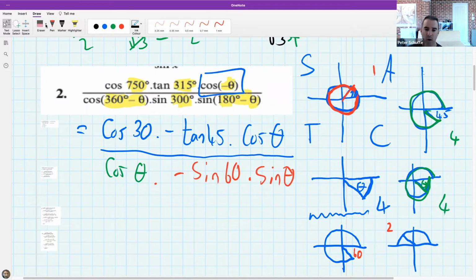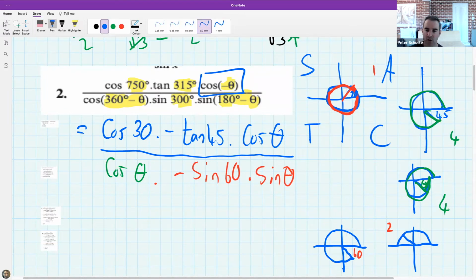Okay. When we think of a negative angle, we just think of it as going in the opposite direction. So if I'm here and I'm going to go negative theta, it's just going to be going in this direction. The angle is still theta. It's just going in this direction.